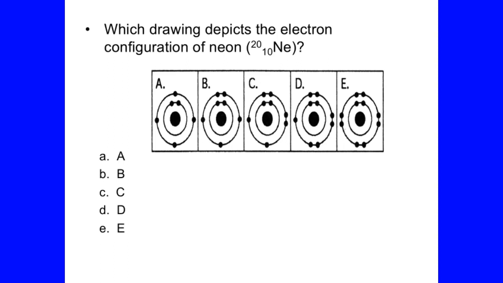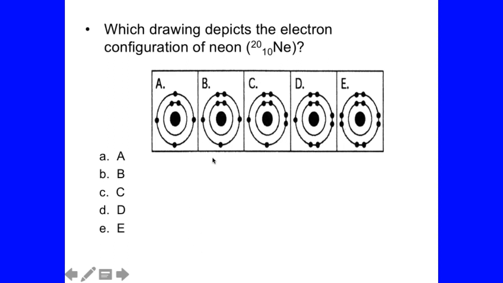Which drawing depicts the electron configuration of neon? You can do this two ways. You can look at the periodic table and see how many actual electrons there would be for neon, and then count every single one of these electrons. Or you can do the shortcut method, where you first look on the left-hand side of the periodic table at the rows, so you can see how many orbital shells there are.